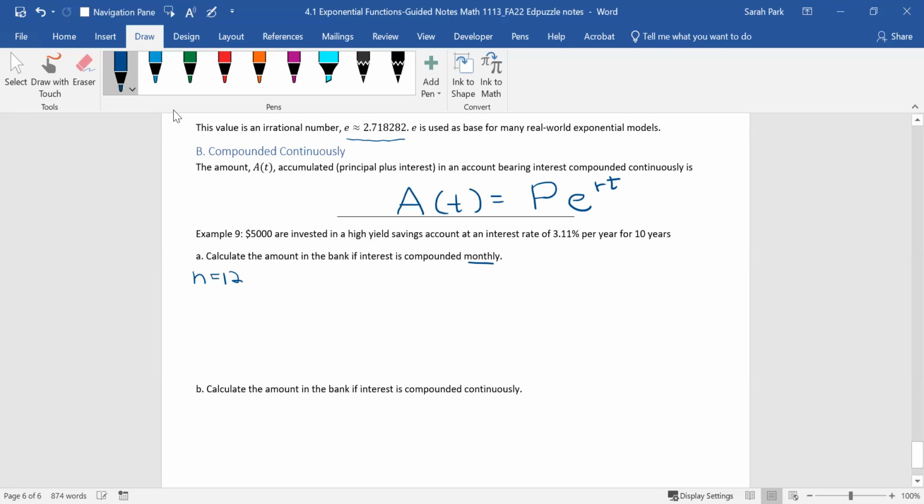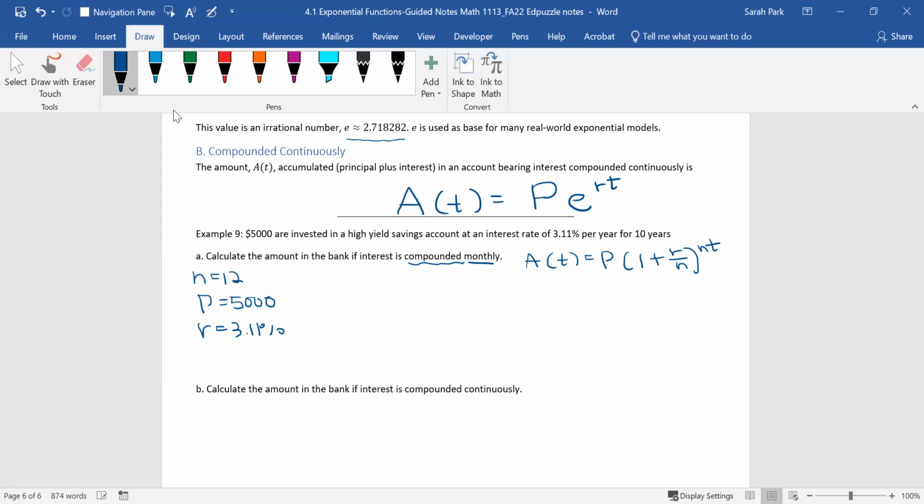Let's determine then which formula we're going to use. Compounded monthly means we're going to use the formula A of t equals P times (1 plus r over n) to the nt. The principal is the initial amount that's invested, 5,000. Our r is 3.11%.